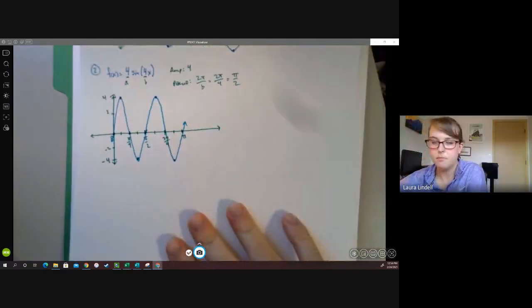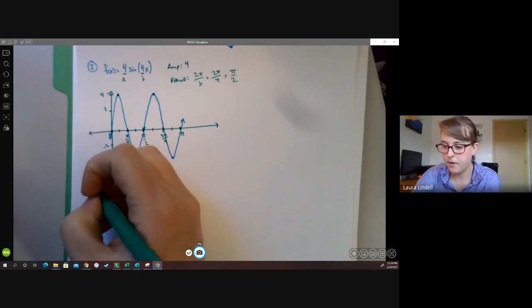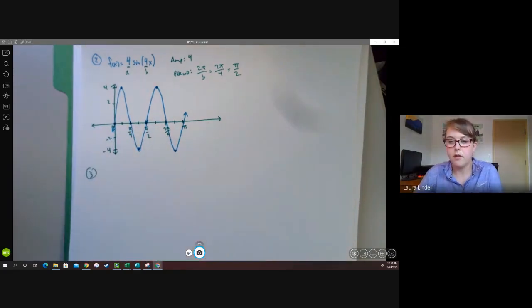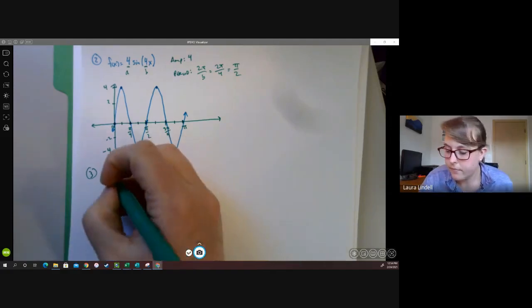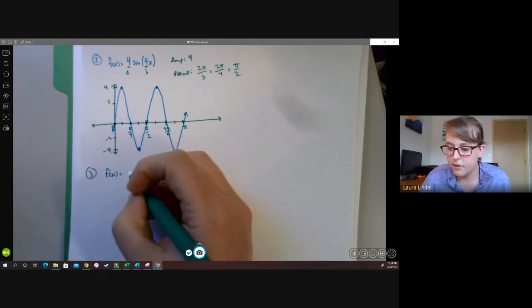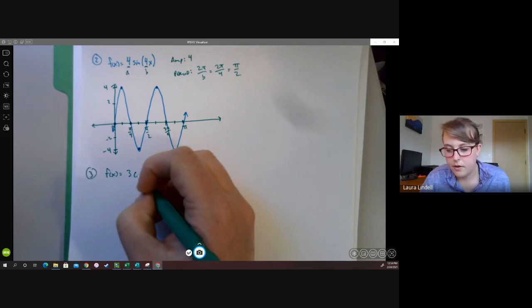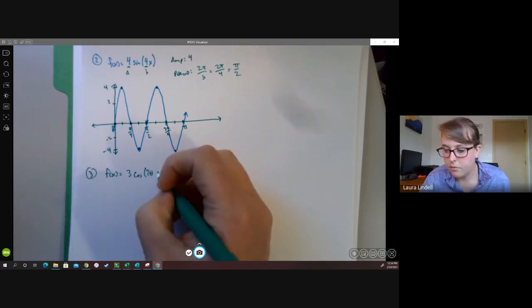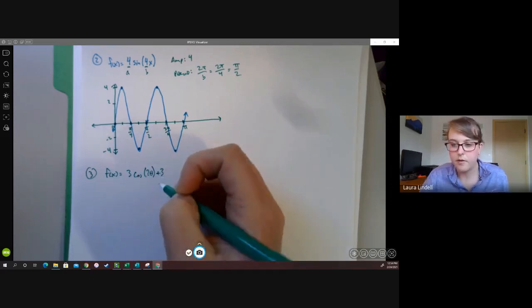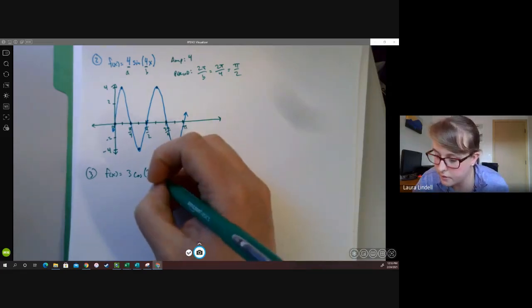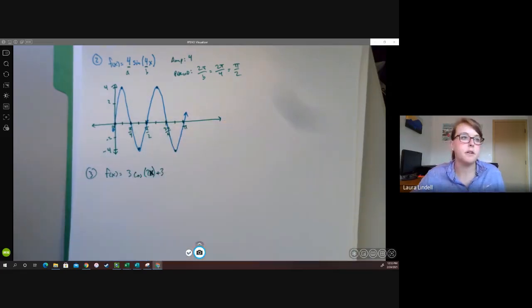So for this one, we're going to do f of x equals 3 cosine of 2x plus 3. Or not theta, x, because I used x here. Anyway, that's what we're going to try next.